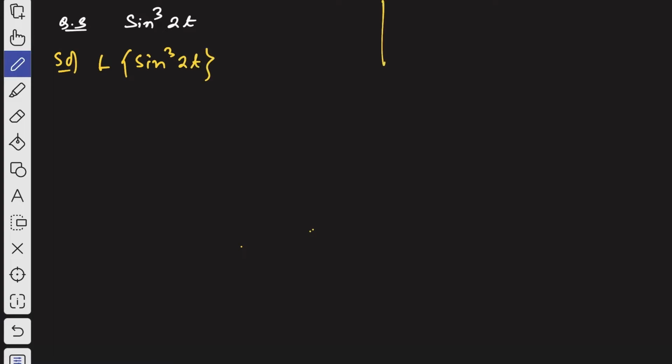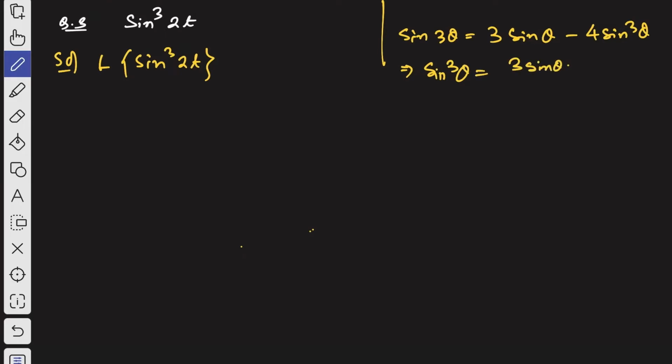So if you remember this formula, that sine 3 theta is equal to 3 sine theta minus 4 sine cube theta, then it implies that sine cube theta is equal to 3 sine theta minus sine 3 theta divided by 4. Okay, so if you apply this one here, considering 2t as theta, then what you will get?